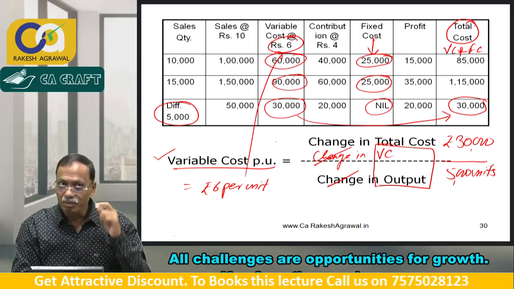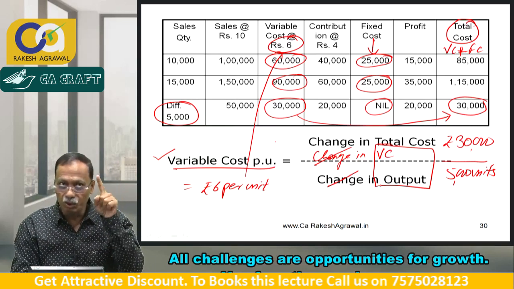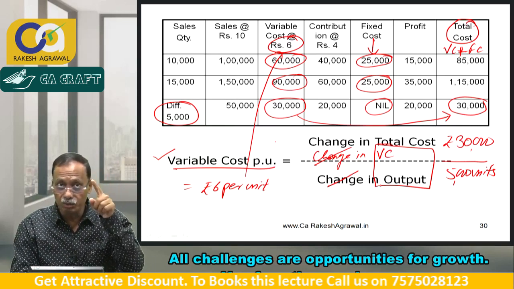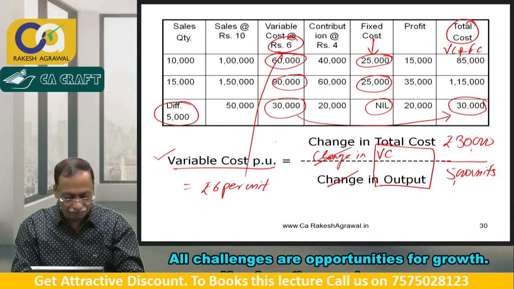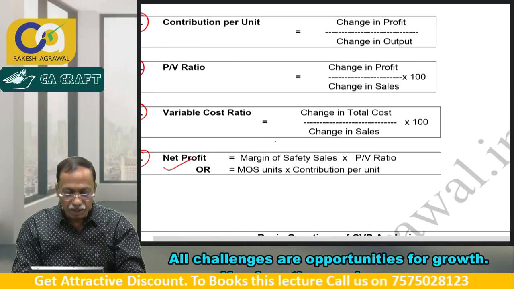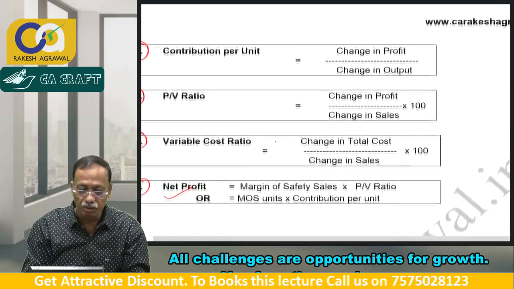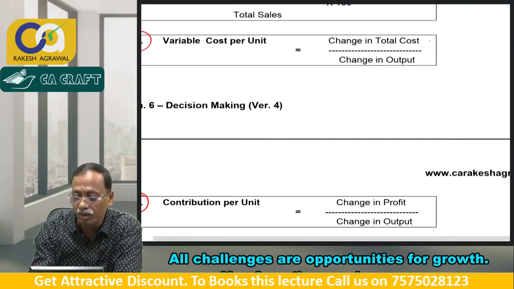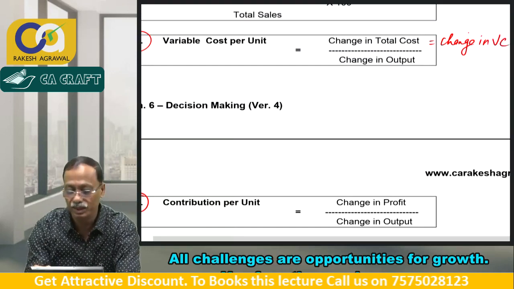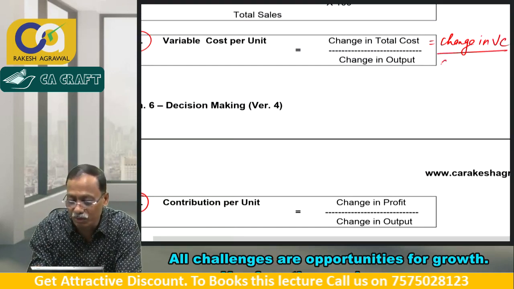So for writing purpose, the numerator is change in total cost. For logical purpose, the numerator is change in variable cost. It means here you can write the formula: what is printed is change in total cost, you will write here change in variable cost. For your purpose, it is change in variable cost upon change in output.